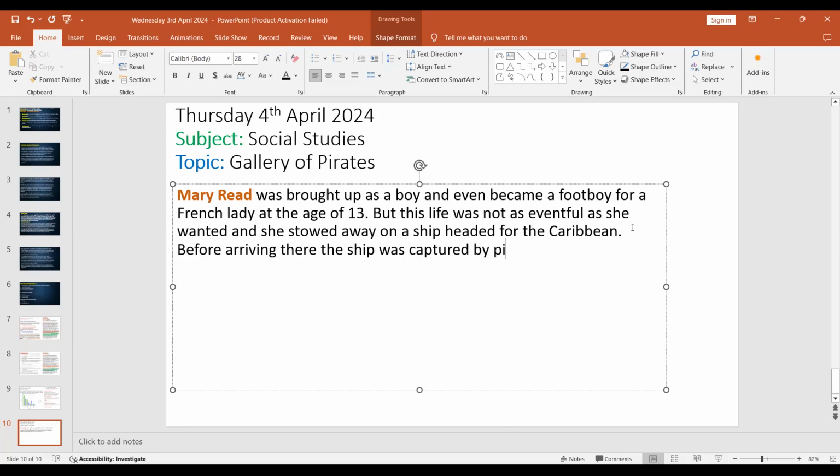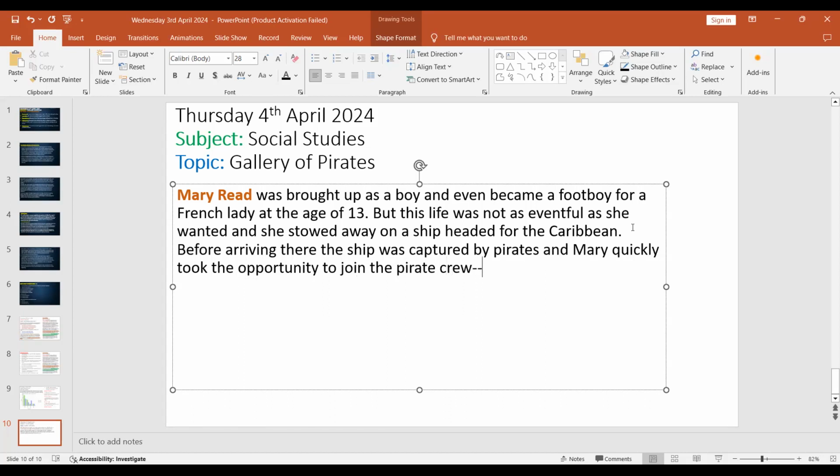By pirates. And Mary quickly took the opportunity to join the pirate crew.